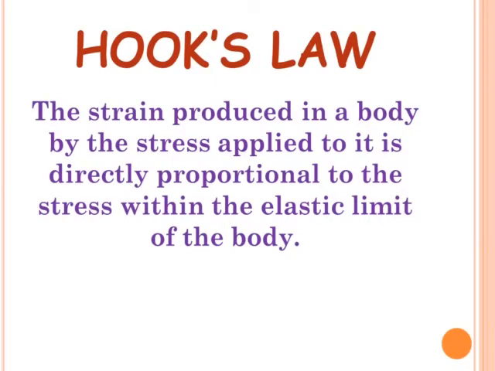Hooke's law. The strain produced in a body by the stress applied to it is directly proportional to the stress within the elastic limit of the body. When we apply stress on a body, it produces strain. So the strain produced by the applied stress is directly proportional to the stress within the elastic limit of the body.